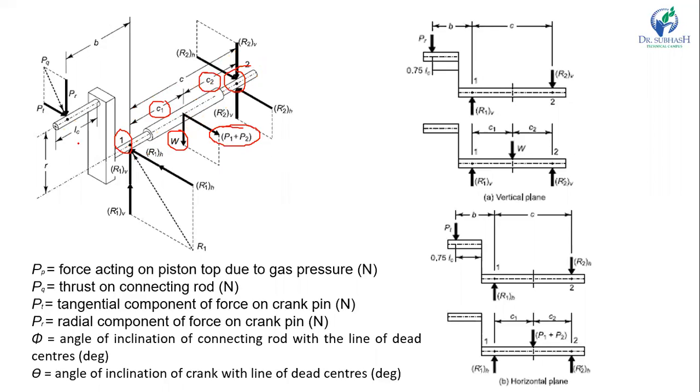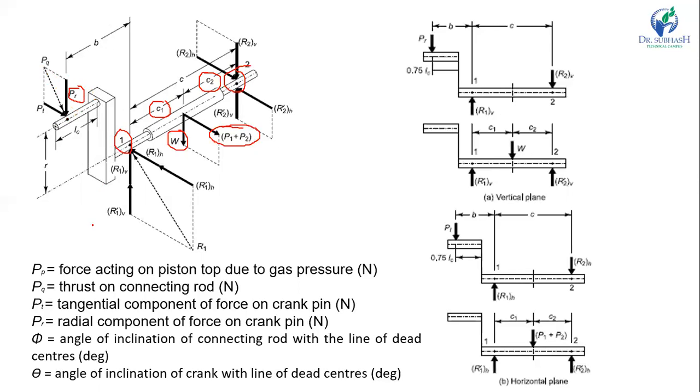Now here you can see at this crank pin, the load PQ is acting in this direction. PQ is the thrust on the connecting rod. Due to that, there are two components.